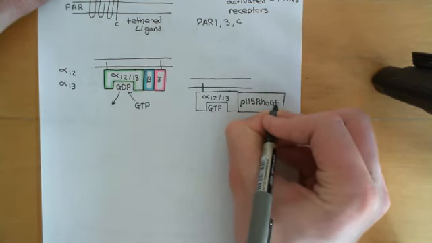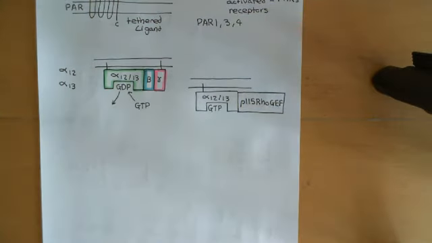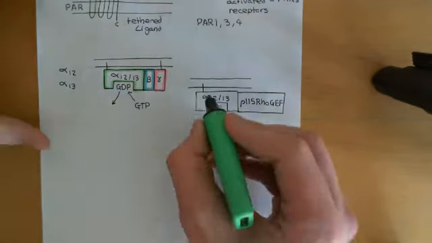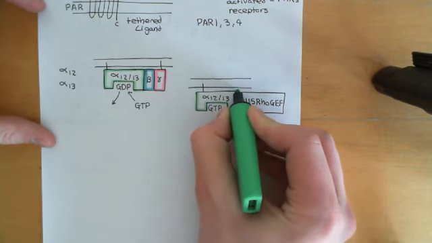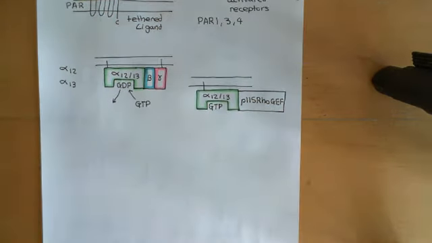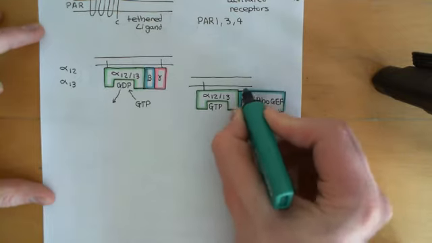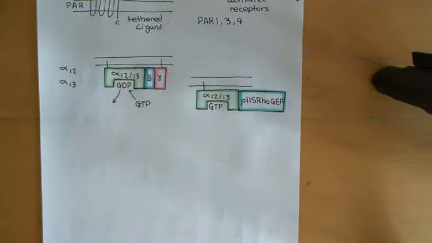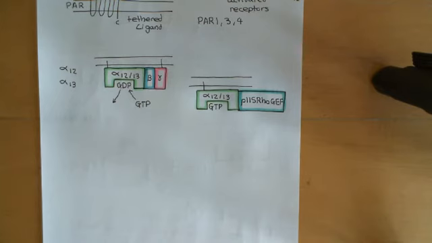As its name suggests, this is a Rho guanine nucleotide exchange factor, and Rho is another example of a monomeric G protein. So let me colour this in. Here is the alpha 12/13 subunit of the heterotrimeric G protein. Here is our p115 RhoGEF protein, which came from the cytoplasm and has now bound to the on-state alpha 12/13 subunit, which is attached to the underside of the cell membrane by the lipid moiety there.